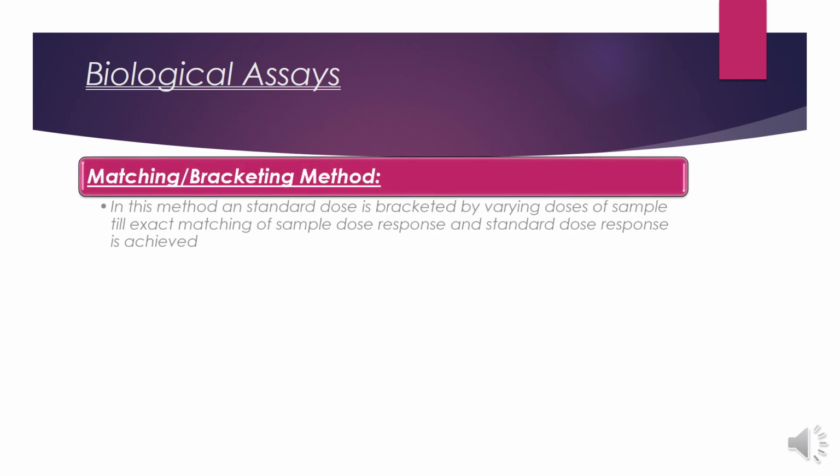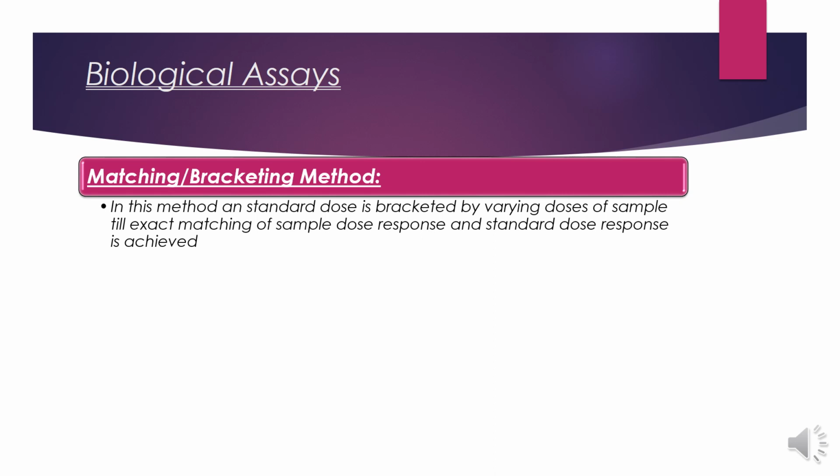In this method, a standard dose is bracketed by varying doses of sample till exact matching of the sample dose response and the standard dose response is achieved. We keep making various doses till, in the graph, the sample dose response and the standard dose response match exactly. Then this method is termed matching or bracketing.